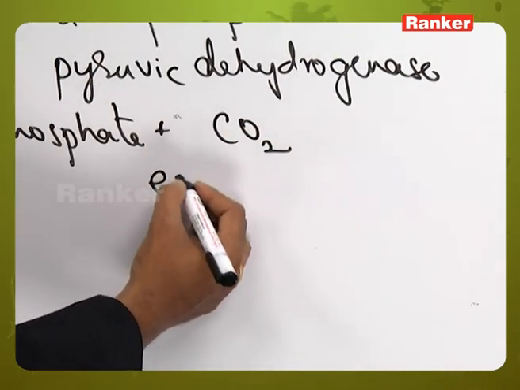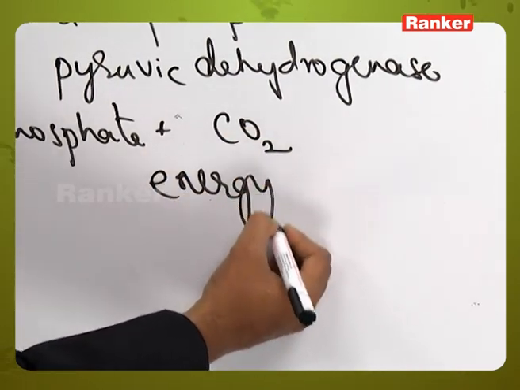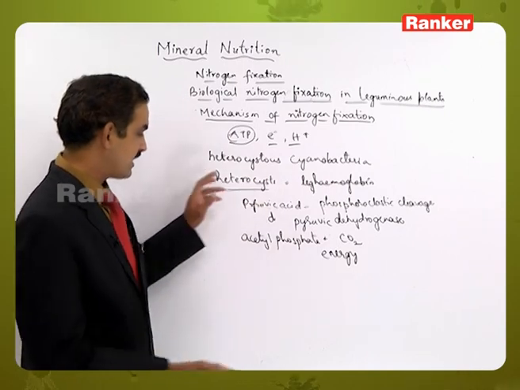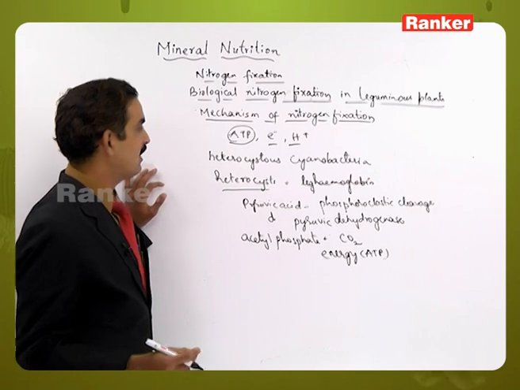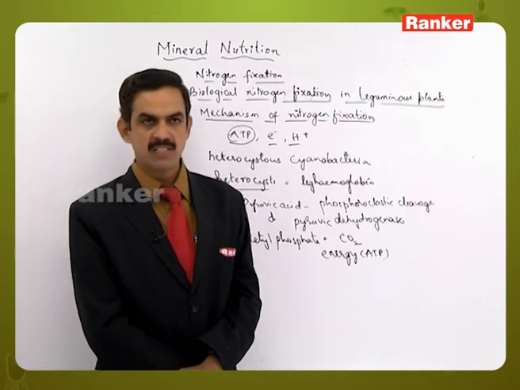In this process some energy will be released in the form of ATP, which will be utilized for the mechanism of nitrogen fixation by the plants.